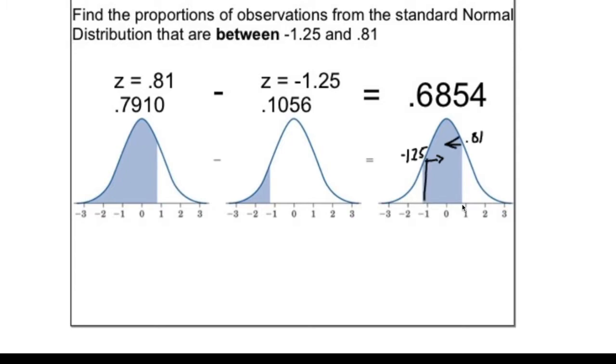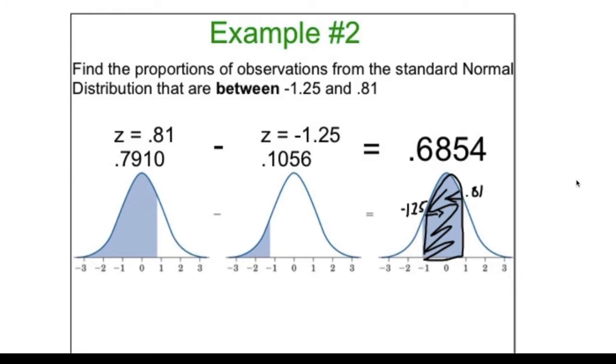And so I'm finding just this area here of percent of observations. And so again, visually, less than 0.81 would be everything here, but then I need to cut off this last chunk because we're cutting it off at negative 1.25. And so I subtract those two together, and so 68.54% of the observations would be between 0.81 and negative 1.25.